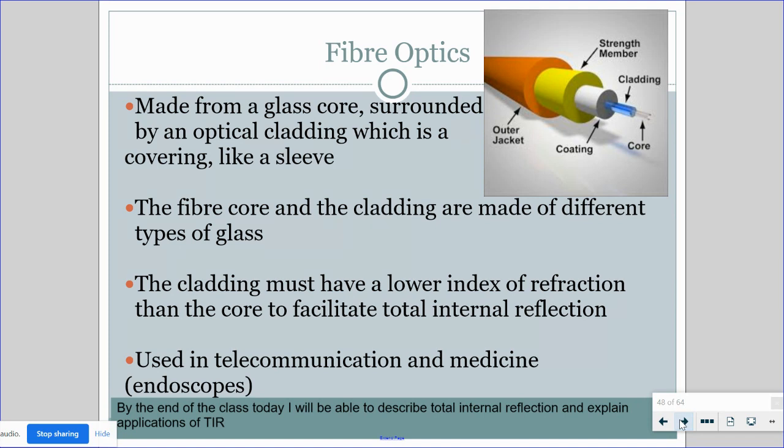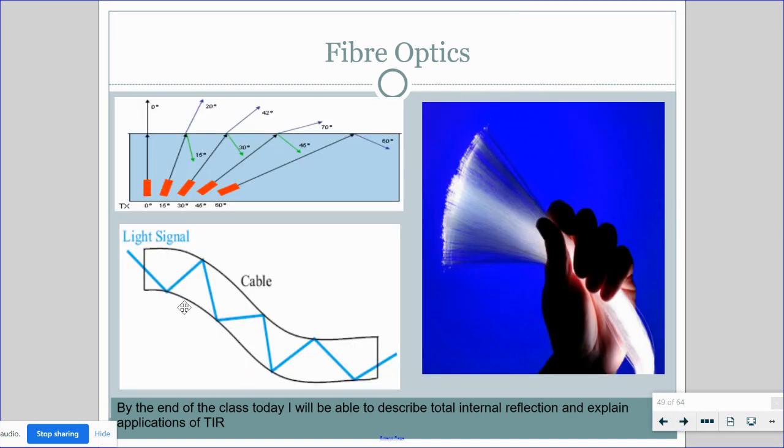They can transmit multiple things. A lot of medicine endoscopes use fiber optics to be able to send light down into a very small place using a very small thing and be able to get images back too. So again, the light goes in, gets bounced, total internal reflection until it comes out the end.